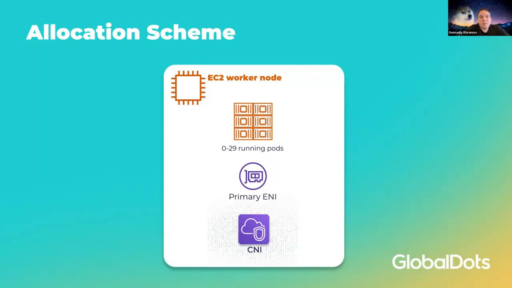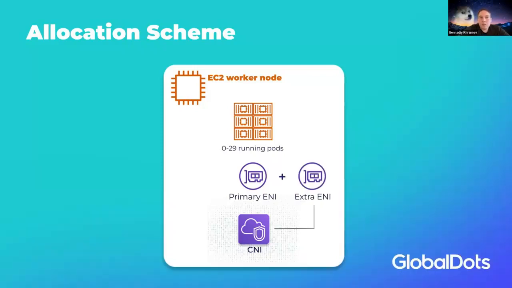We assume that we have an instance where an ENI can have up to 30 IP addresses. When the number of pods running on the node exceeds the number of addresses on a single ENI, the CNI backend starts allocating a new ENI by the following schema. If the number of currently running pods is between 0 and 29, IPAMD will allocate one more ENI to provide the warm pool size.